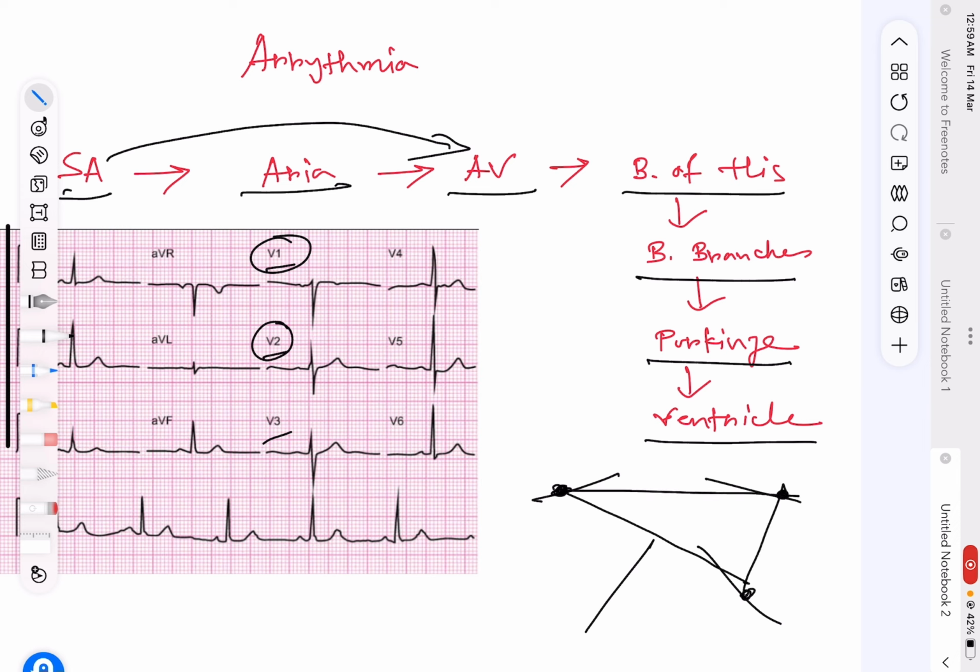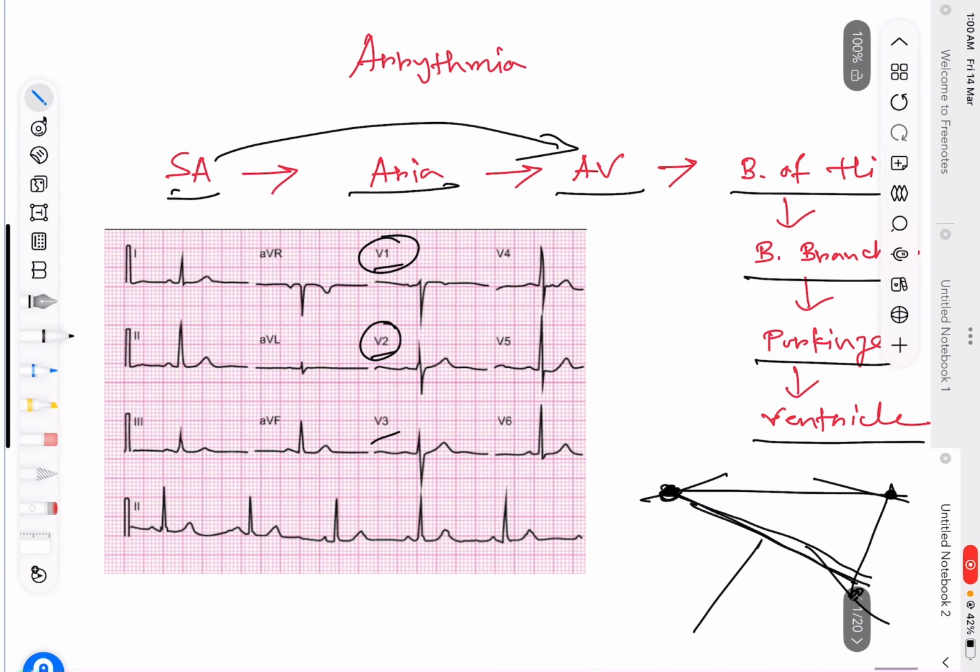This is the circuit. So the leads which are placed on the right side are opposite to the direction of the lead, so you will not see any R wave, almost absent R wave.